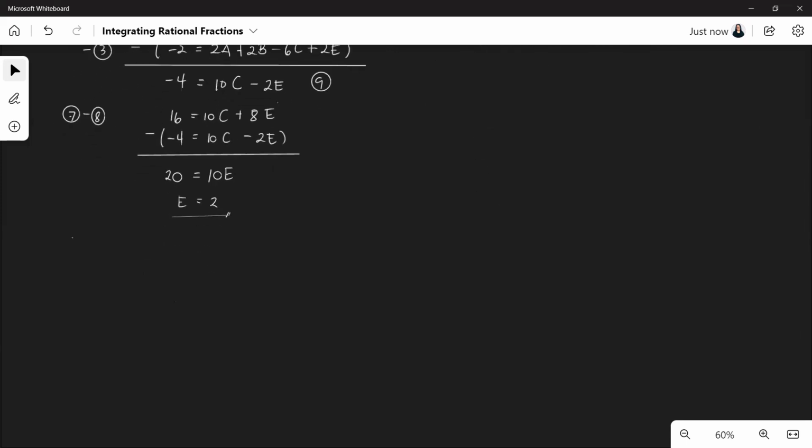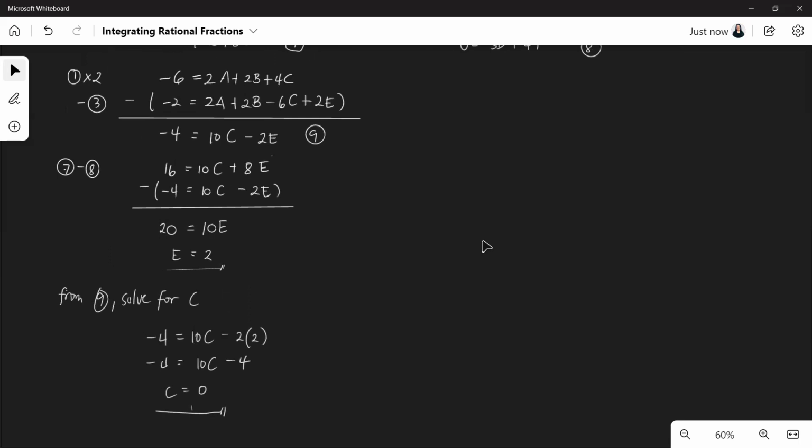So from 9, solve for C. Negative 4 equals 10C minus 2 times E, which is 2. So negative 4 equals 10C minus 4. Negative 4 plus 4, that's 0 over 10, 0. So C is 0.